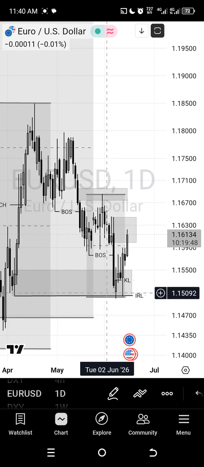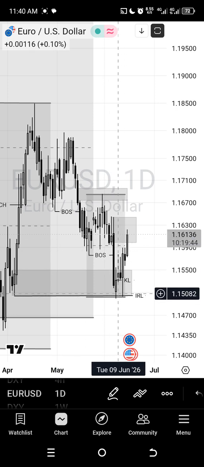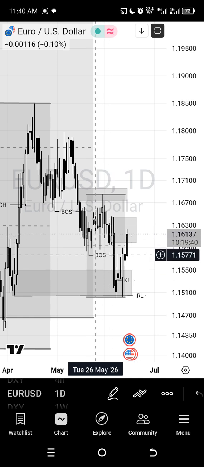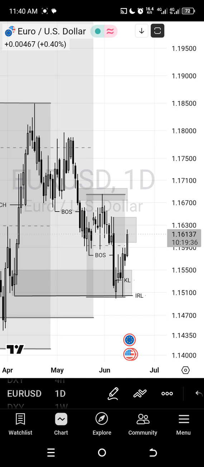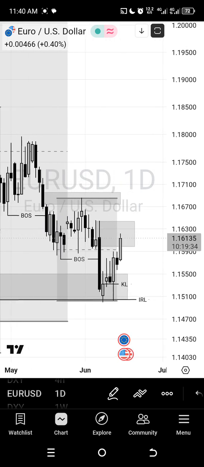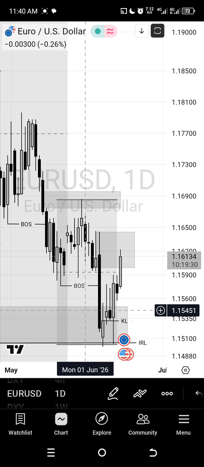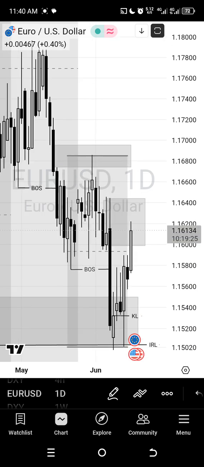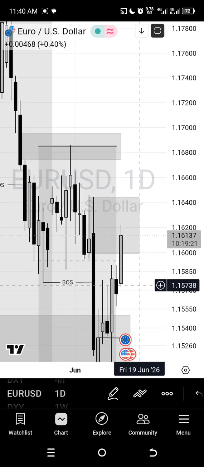When we tap into this bullish order block, we actually had a bearish dealing range before tapping into it, and that bearish dealing range is where we are going to divide our chart into two again. That is our premium and discount. So right now price has already tapped into our key level, and then the price has retraced towards our key level that is found at our premium within this bearish structure.